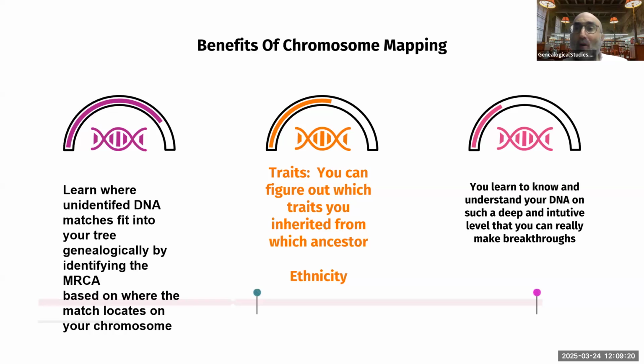Or if it's a very small segment, or a match where you have both the parent and child's DNA segments, and it's only found in the parent and not the child, then that is a sign it's not identical by descent from the ancestor you're mapping. And really, the more you learn about your DNA, the more you can push your genealogical research forward.